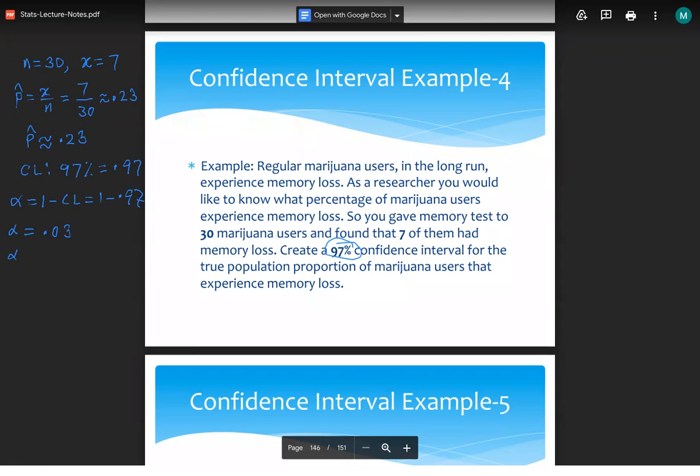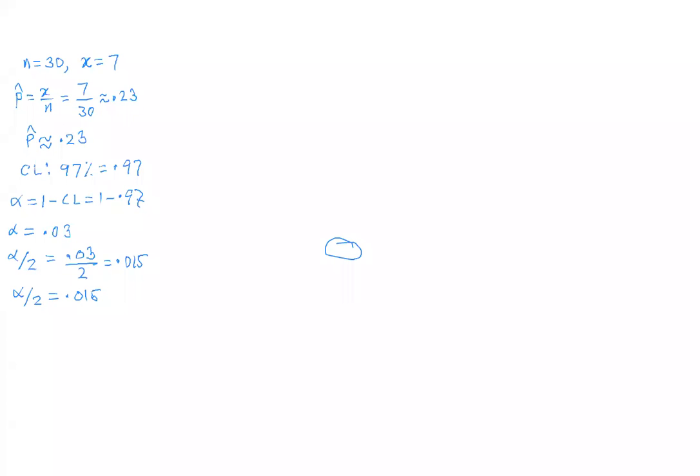Or we need to divide it into 2 tails. So alpha over 2 is 0.03 divided by 2, which is 0.015. So alpha over 2 is equal to 0.015.